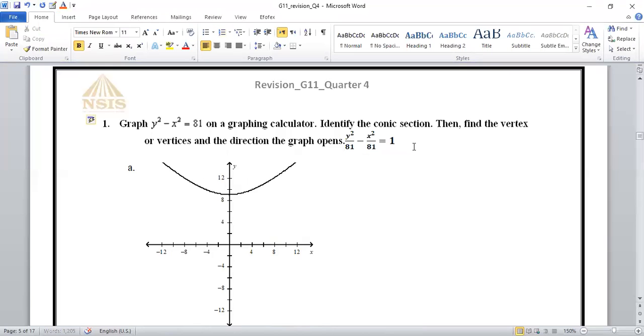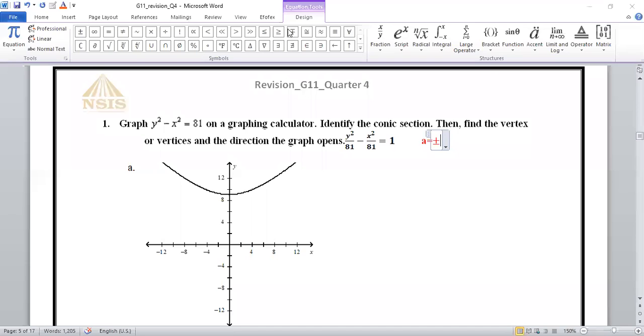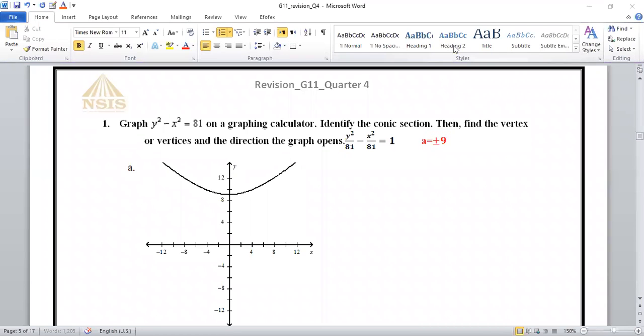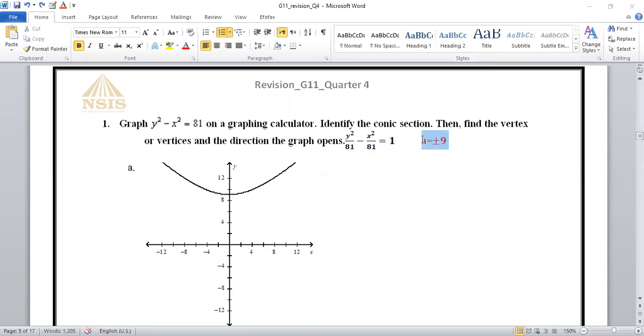So A equals positive or negative 9, and B equals positive or negative 9.